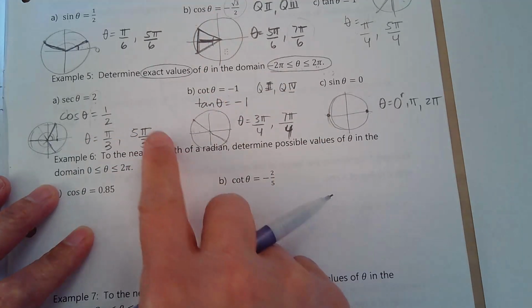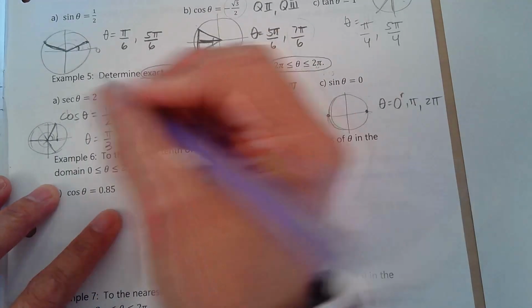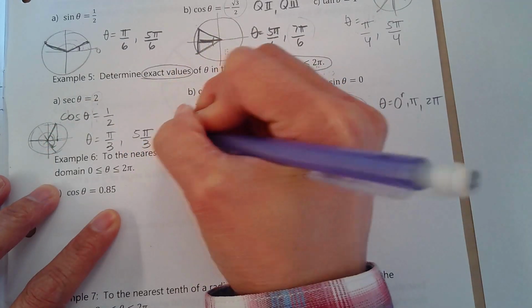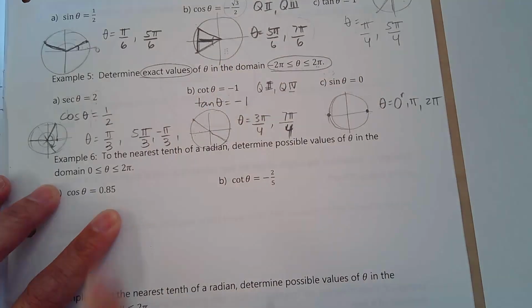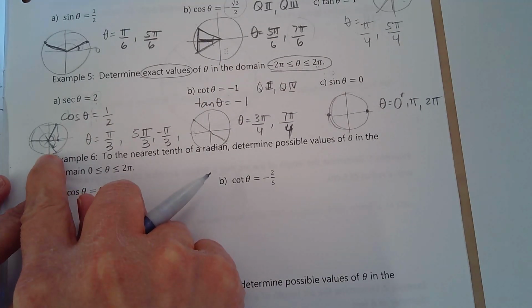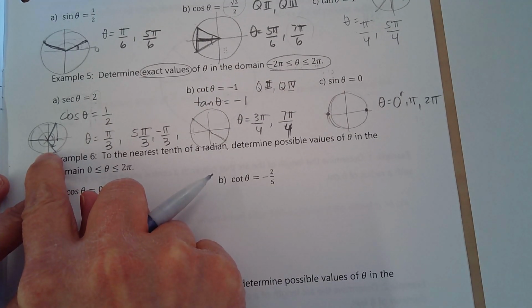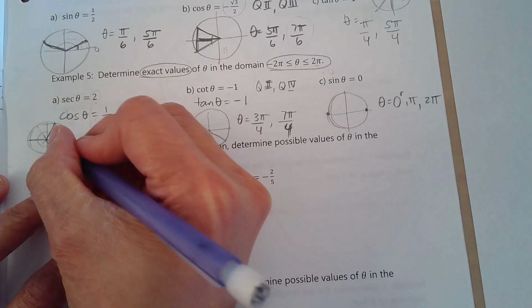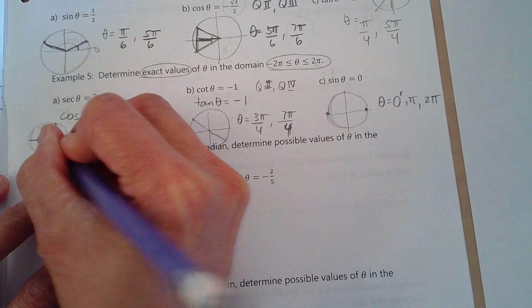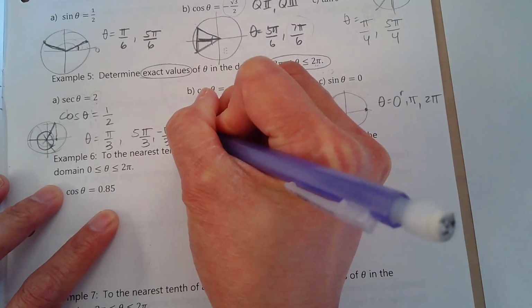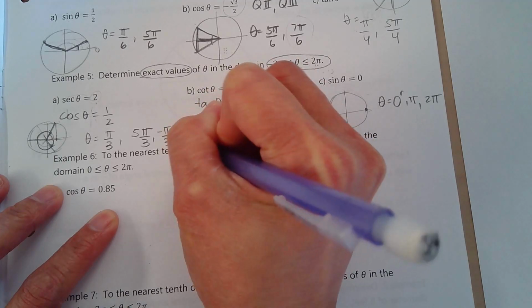Now we're going to go to the negative direction. So from here to here is negative pi over 3. Okay, so we're going to go back because I totally forgot the negative angles. And then the other one from here all the way to there is going to be negative 5 pi over 3.